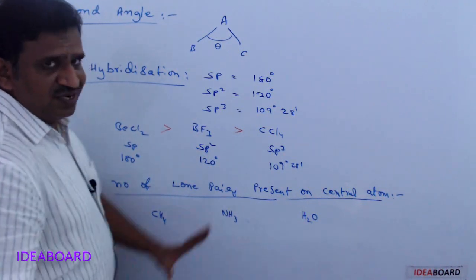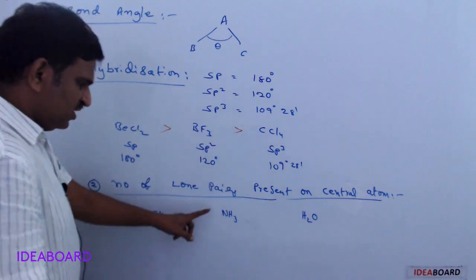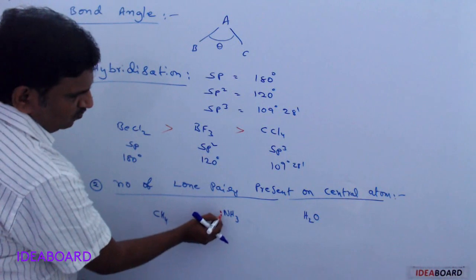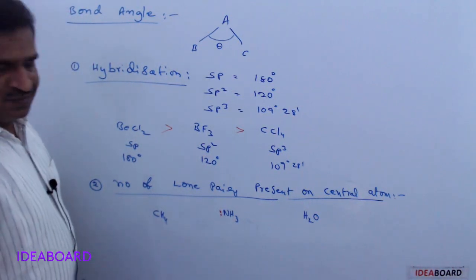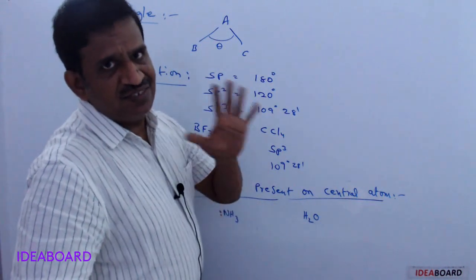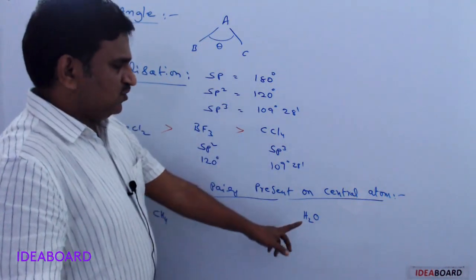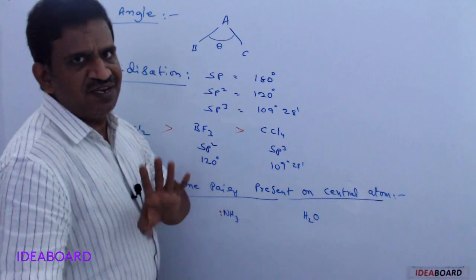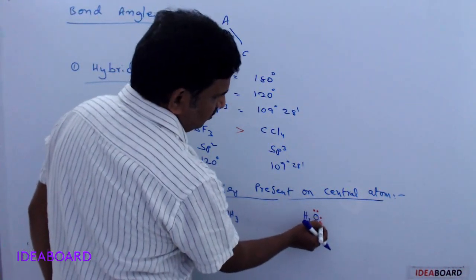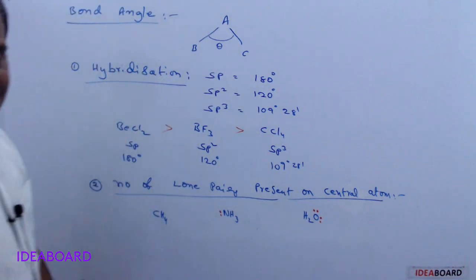But nitrogen's valence is 5, so it forms 3 bonds, so nitrogen has one lone pair on it. And the oxygen atom is the central atom here, its valence is 6, sixth group, and so it forms 2 bonds, remaining 4 electrons, which means 2 lone pairs are present on the oxygen atom.